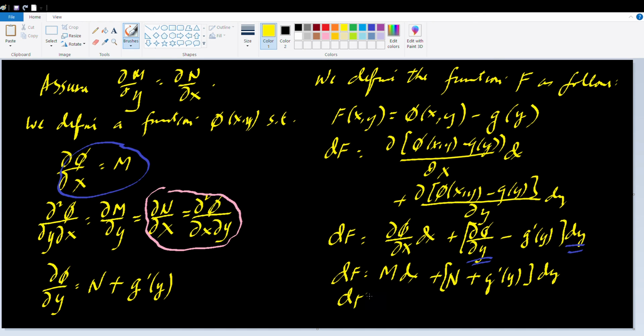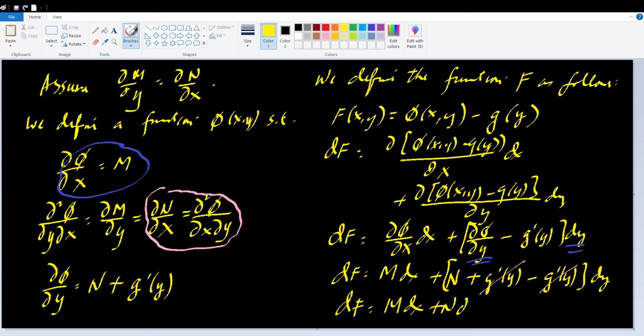So we have the differential of F equal to M dx plus, I'm sorry, there is a missing term here, minus g prime of y everything dy. See that g prime of y will cancel, and it results in the differential of F equal to M dx plus N dy.